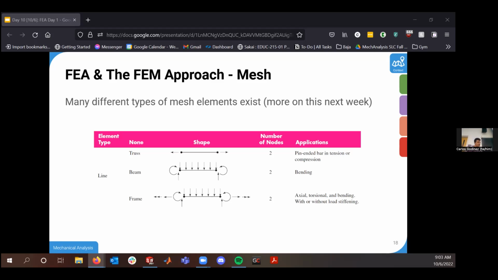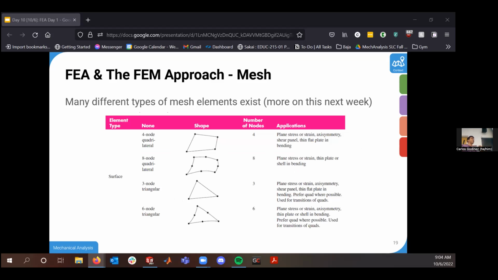For each one of those degrees of freedom, you need to solve a linear system of equations that describes how it corresponds to your load case and your boundary conditions. So is that helpful for starting to understand?